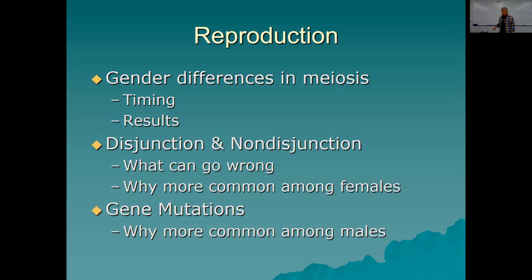The other cell will be missing a chromosome. So this is called non-disjunction. And so this is going to end up with what's called an aneuploidy, or an abnormal number of chromosomes. This is talked about on page 1110.